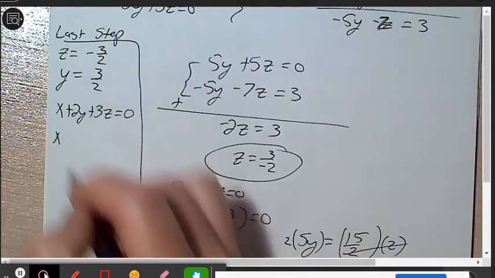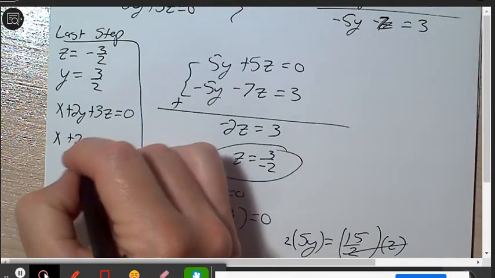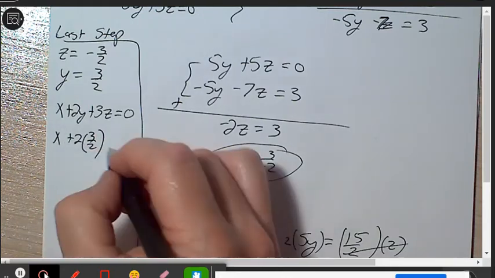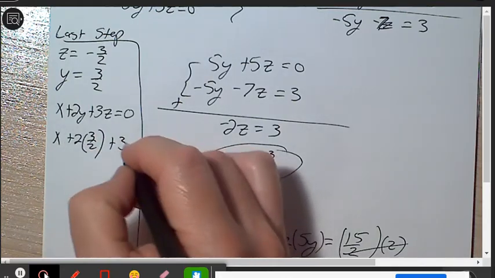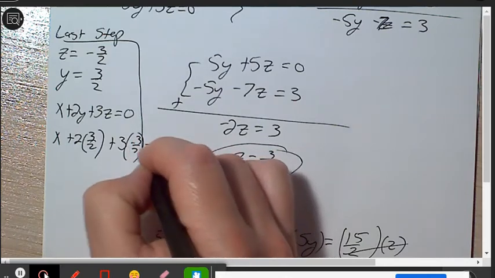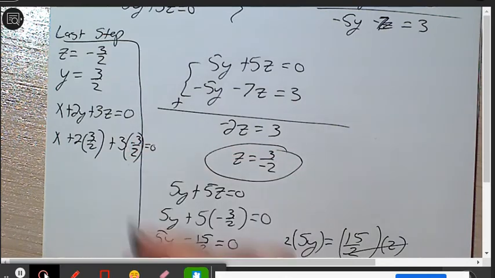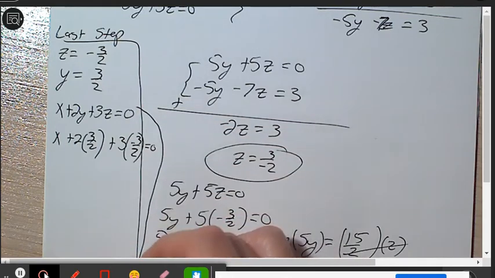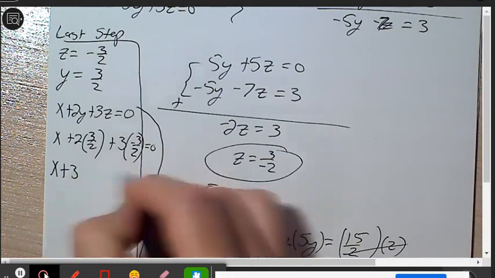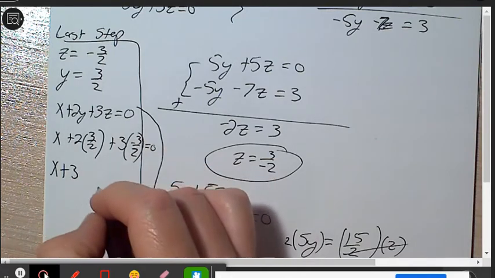All right, so x is by itself. We got 2 times 3 over 2. Okay, that's good. The 2's cancel. And then 3 times negative 3 over 2 equal to 0. Okay, so that one, those cancel, so that's x plus 3. That does not cancel.